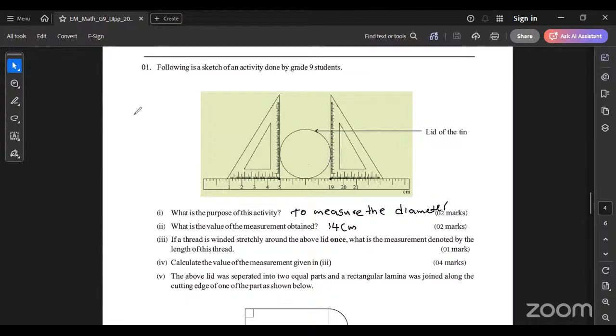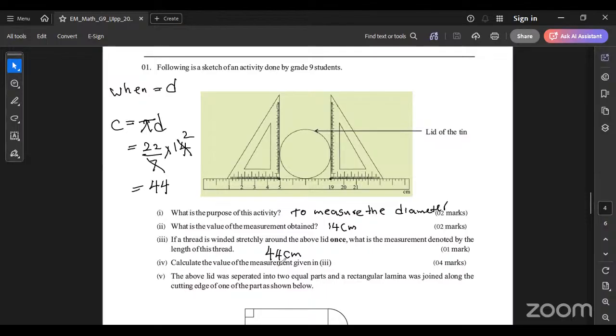Tell me the formula to find the circumference of a circle when the diameter is given. C equals πD. Just take π as 22 over 7 and D equals 14. 7 times 2 is 14, then 2 times 22 is 44. So 44 centimeter is the thread needed.